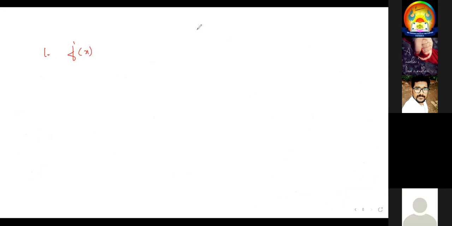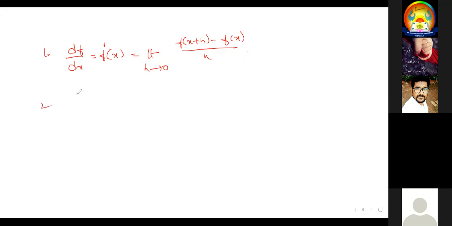What is f dash of x? dy by dx you are writing. Df by dx is also written as f dash of x. Its formula is limit h tends to 0, f of x plus h minus f of x by h. And the second thing we studied: d by dx of x square, I got 2x. D by dx of x cube, I got 3x square.